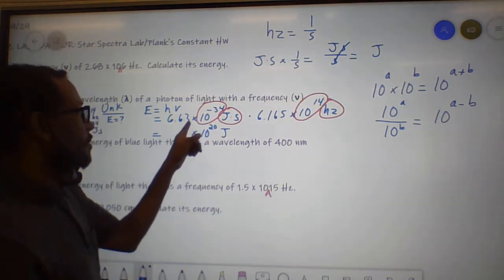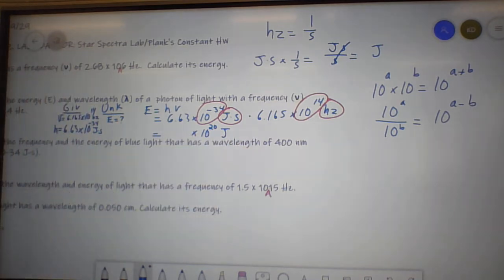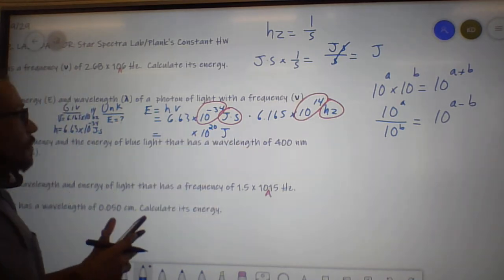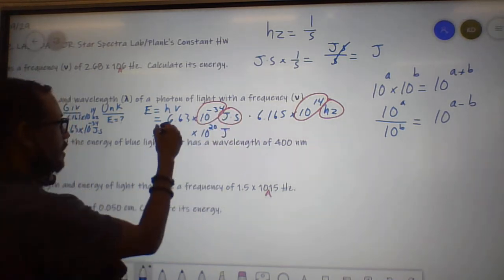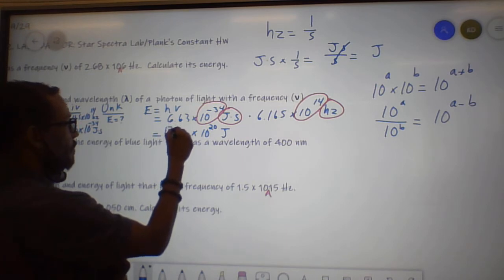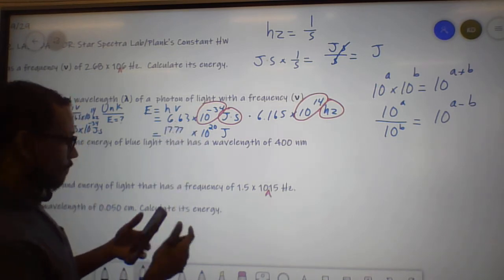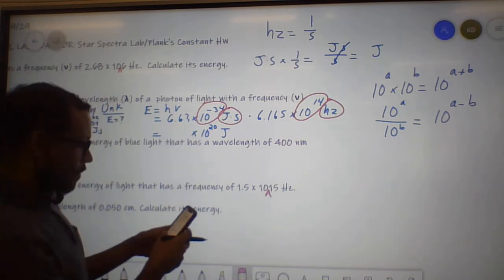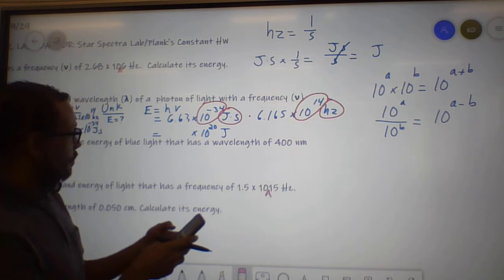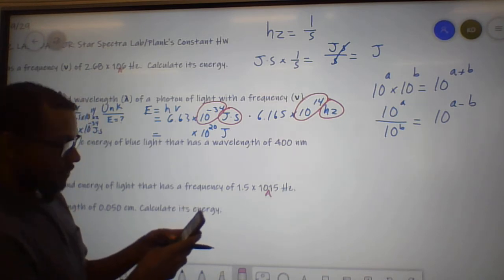And then this part we can just plug and chug, but I know it's going to be around 1. We have 6 divided by 6. Oh, no, I'm sorry. This is multiplied. So that's going to be about 17 something. Actually, we've already done this one, so it's 17.77. That's not correct. That's a different problem. So we have 6.63 times 6.165.